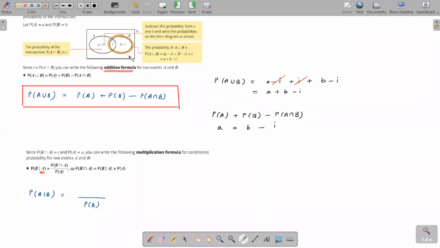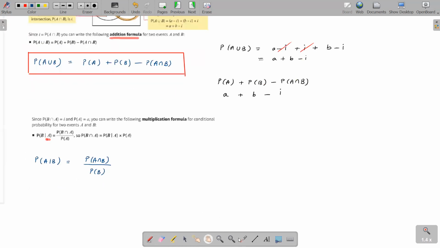It's this small part, which is the intersection. The probability is A intersection B, or you can say B intersection A, they're both the same. And then for the next part, they've taken the probability of B to the other side.